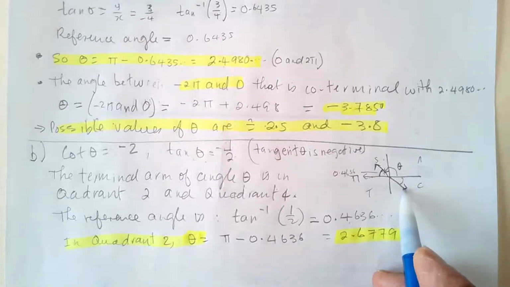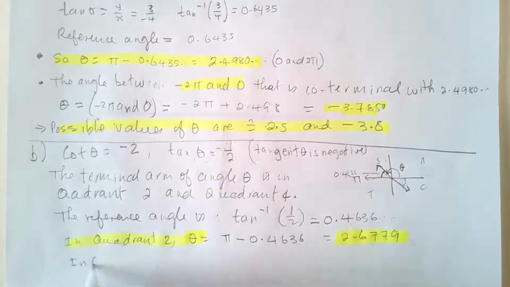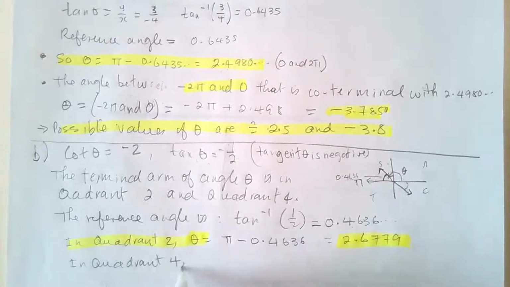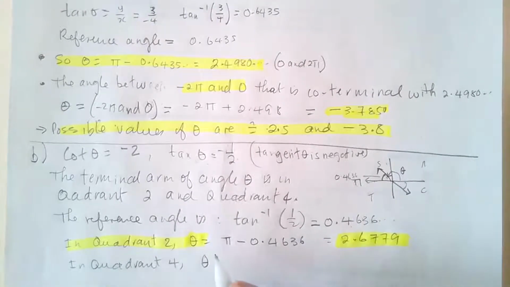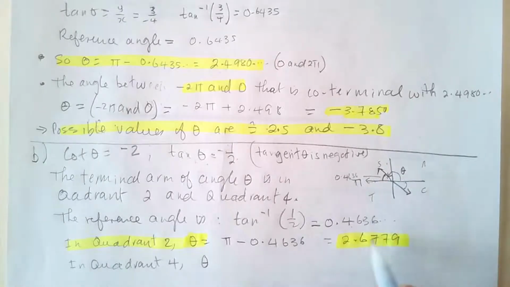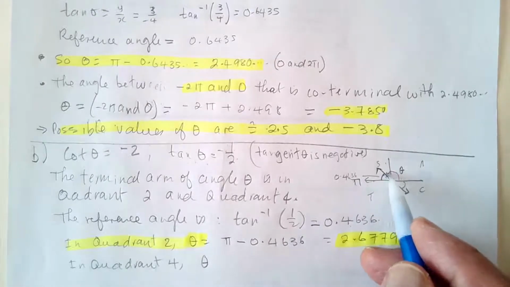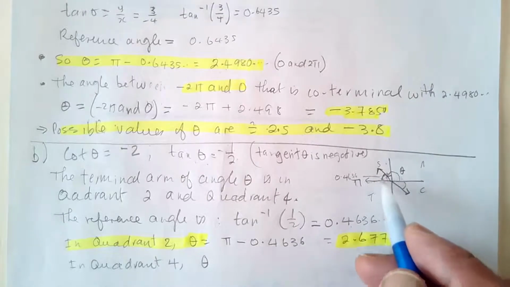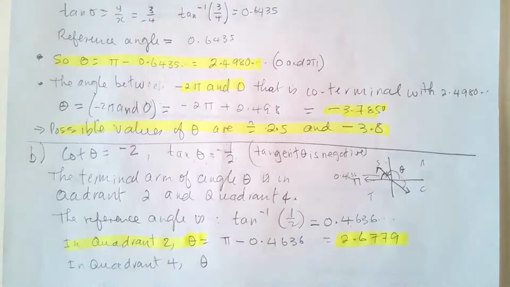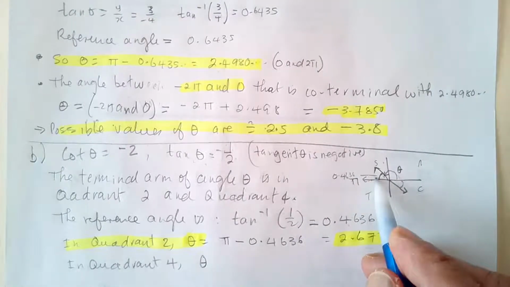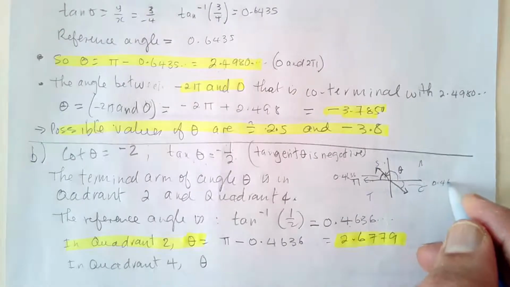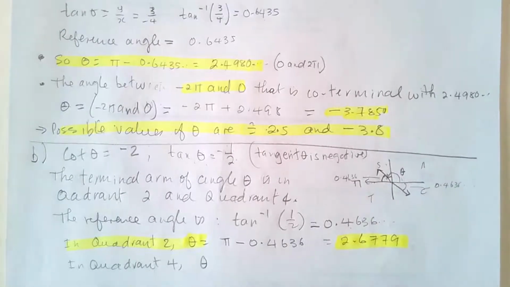Now we need to find quadrant 4. In quadrant 4, theta, now we're looking at our measurement from here to here. So we're going to continue all the way. This is our reference angle. There are a number of ways to do this. The easiest one is, you notice the reference angle is 0.4636.